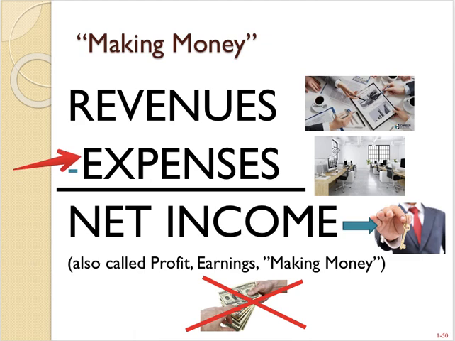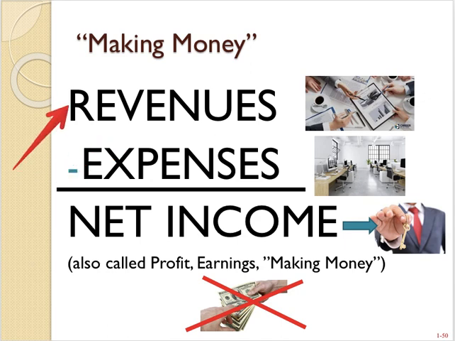I showed you rent, but there's tons of other things that a business has to use up. They have to use the services of their employees so that their employee costs are going to be in there. Their utilities, right? They need electricity to run their computers are going to be in there. They're going to be using supplies. They're going to be using equipment. They're going to be using all kinds of things in order to generate that revenue. So there's going to be a lot more stuff in there.